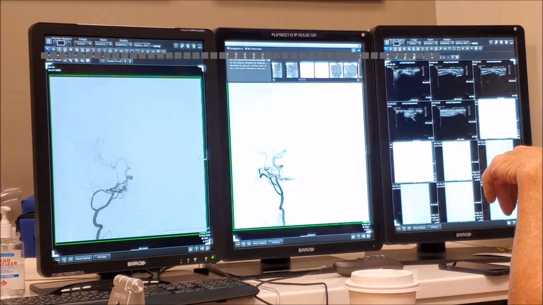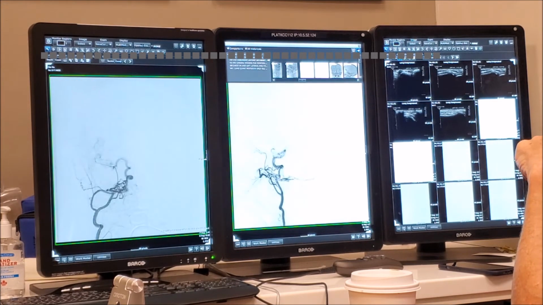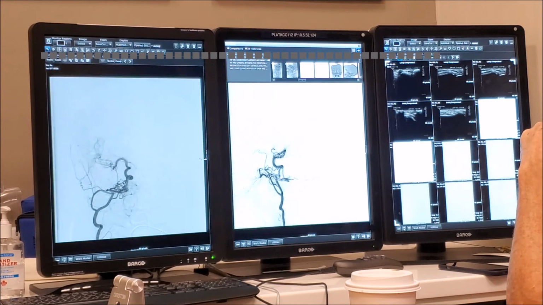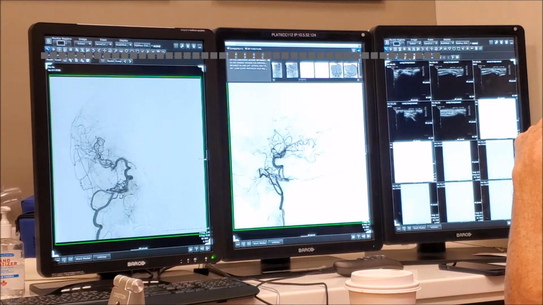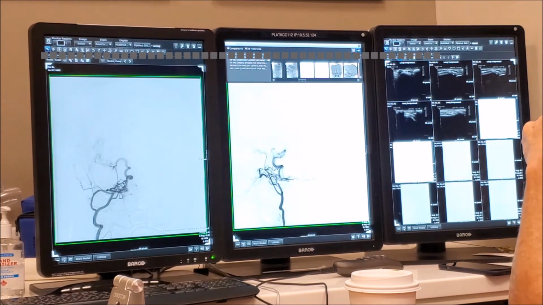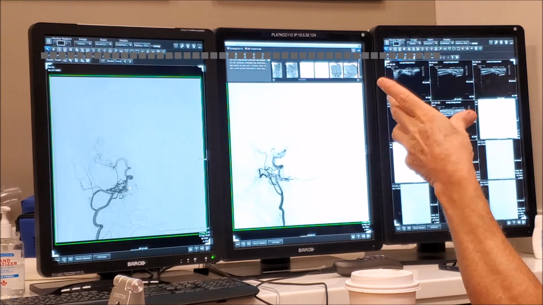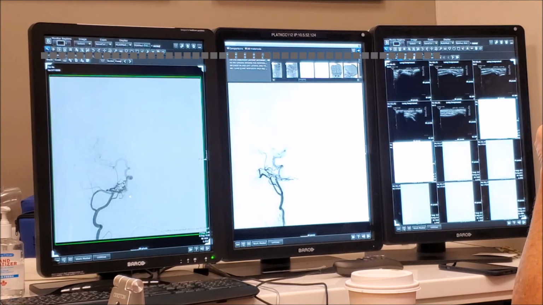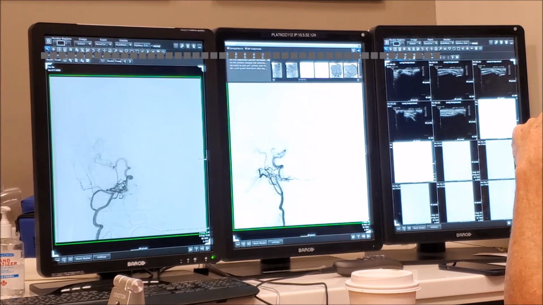Rotundum, accessory meningeal, and middle meningeal form the three legs of the chicken, or the inferolateral trunk. But I can't resolve this area. See, there's some network, right? There might have been some hypoplasia, then something happened, and collaterals developed. Here is the one that goes to the eye, which is this one.